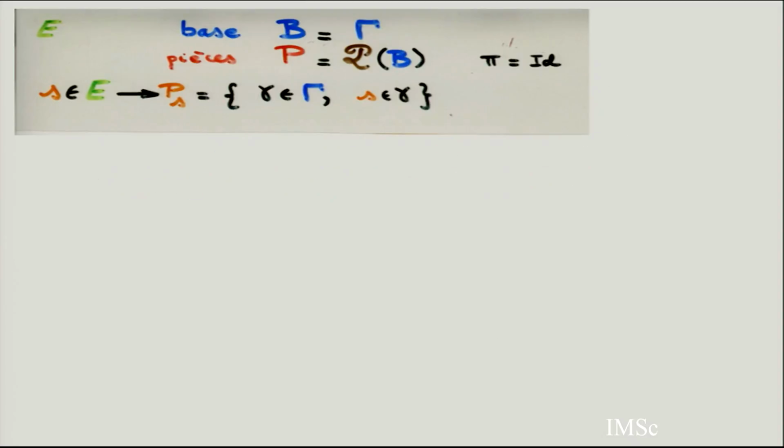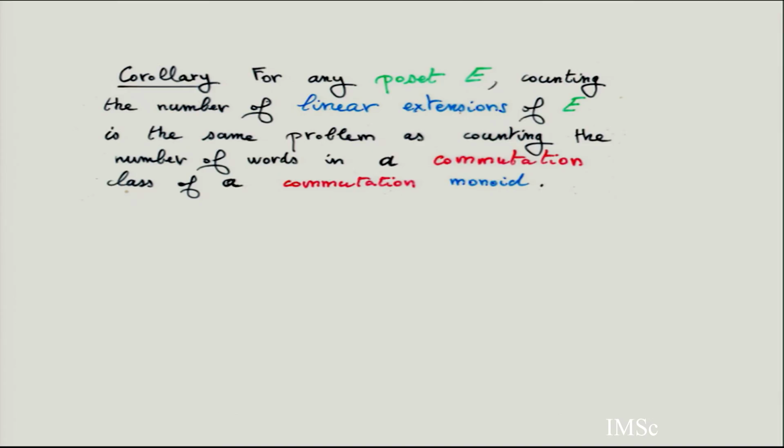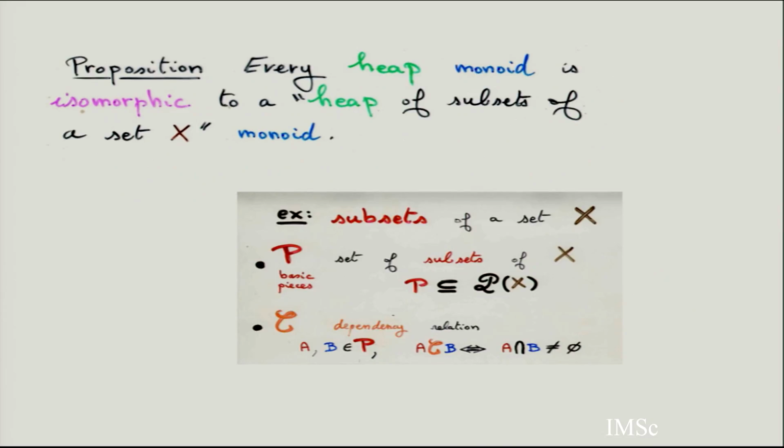You can convince yourself that this will give you an isomorphism. The first poset is going to be the same as the poset associated to these heaps of pieces. And so counting linear extensions is exactly counting in the commutation monoid. So number of tableaux, Klein formula, etc.